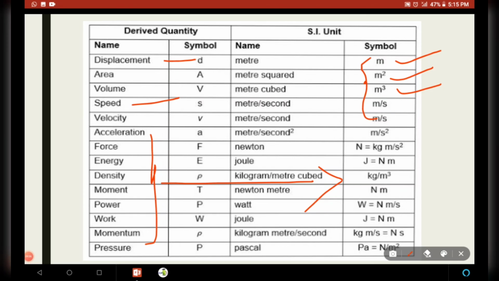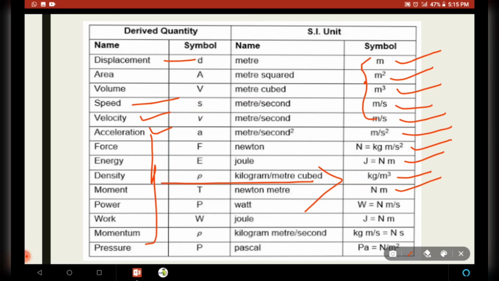Speed, we have already talked about it. It is measured in meter per second. Then velocity, meter per second. Acceleration, meter per second square. Then force is kg meter per second square. Energy, Newton meter. Density, kg per meter cube.